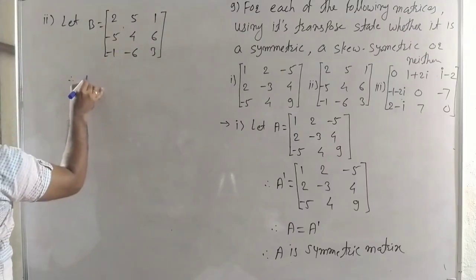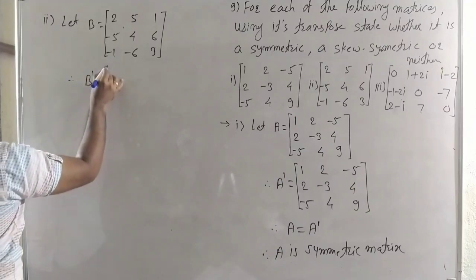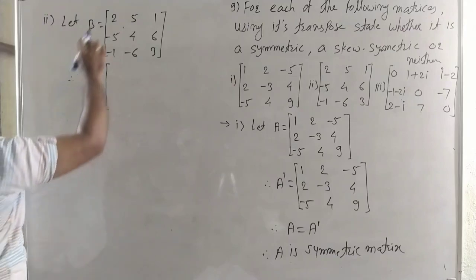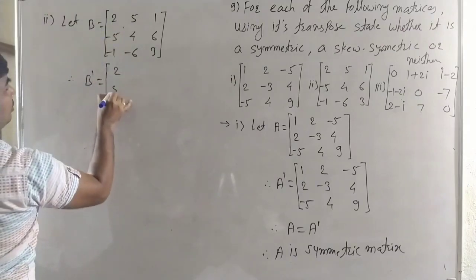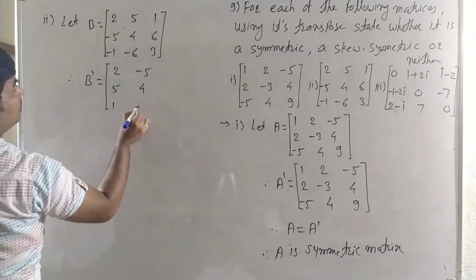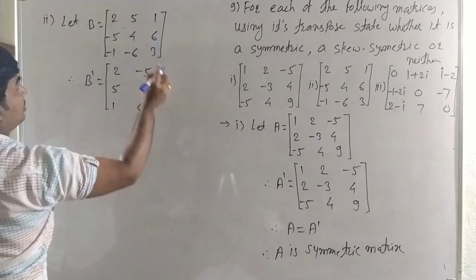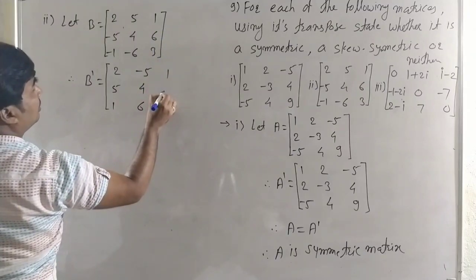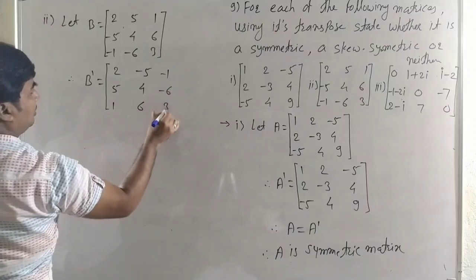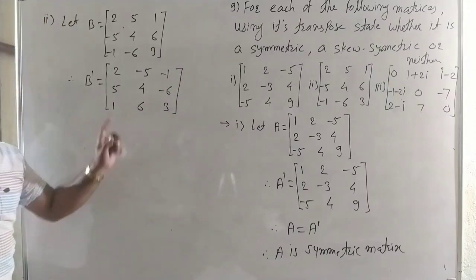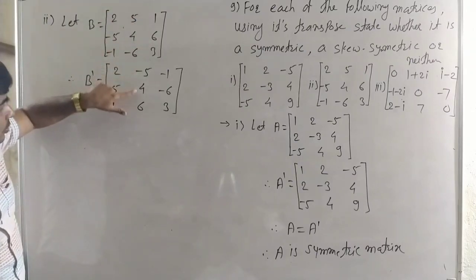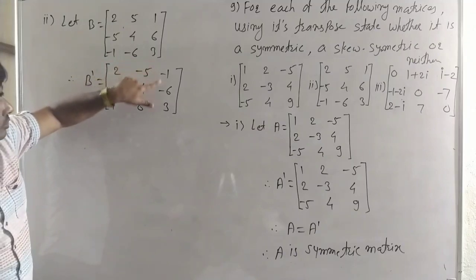Now we find B dash, that means the transpose of matrix B. Therefore it is 2, 5, 1, minus 5, 4, 6, minus 1, minus 6, 3, and it is a transpose.